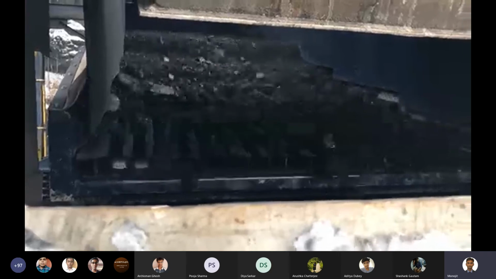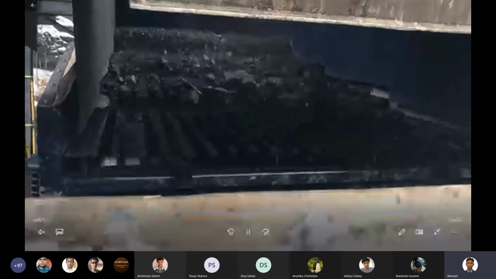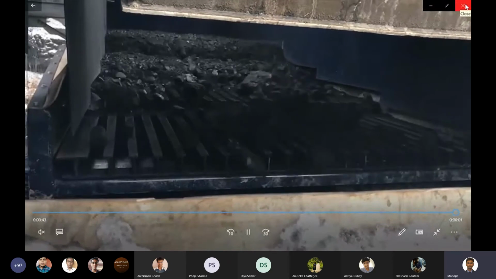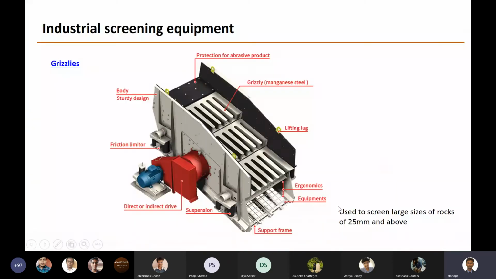For which type of particle and when it is used, I have written in the slide itself. You can see the particle range. It is used to screen large rocks of 25 millimeter and above size. So to separate 25 millimeter and above size, you use this type of screen, when oversize is what you want.